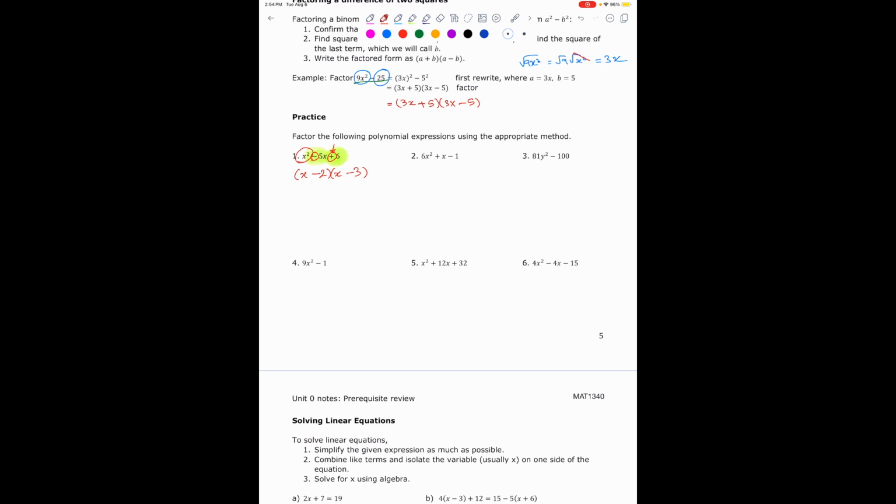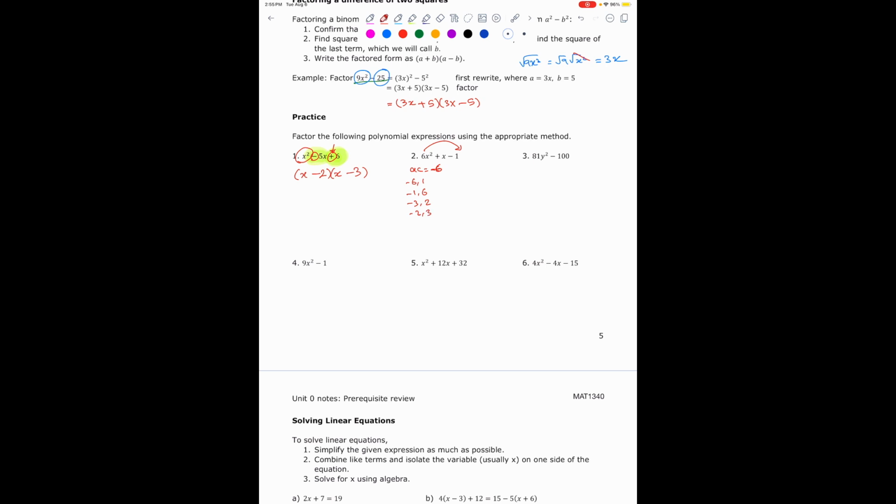The second trinomial, the leading coefficient here is 6, it's not 1. So I'm going to find AC. AC is equal to negative 6. Now I will find all of the factors of AC, which means what makes up negative 6. The options are negative 6 and 1, negative 1 and 6, negative 3 and 2, negative 2 and 3.